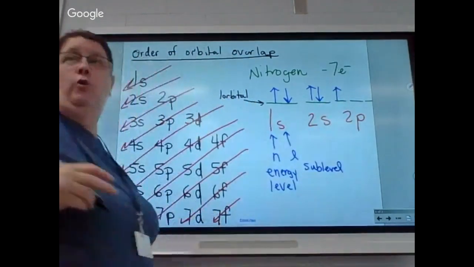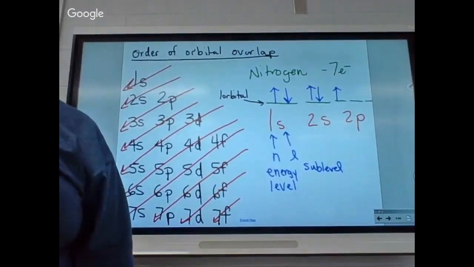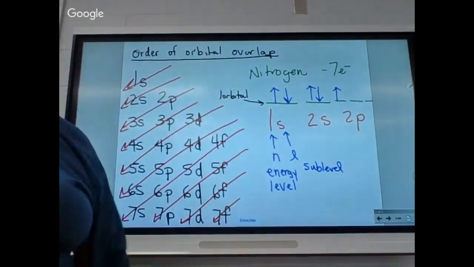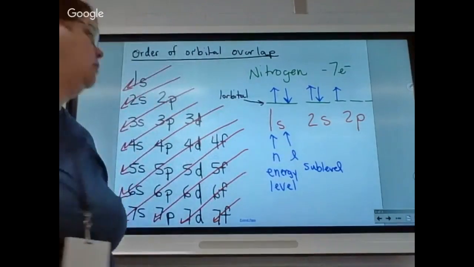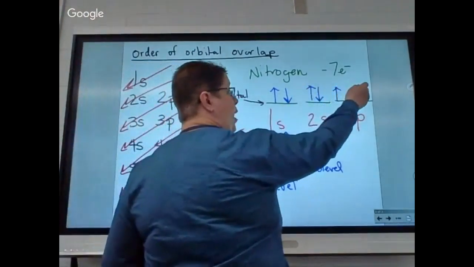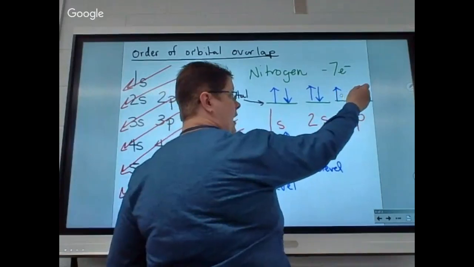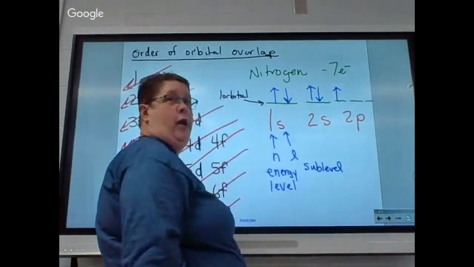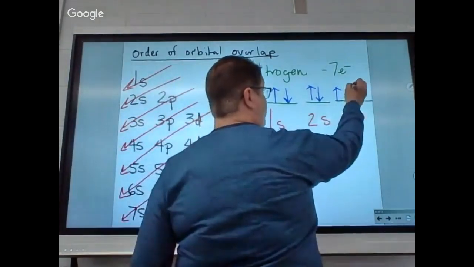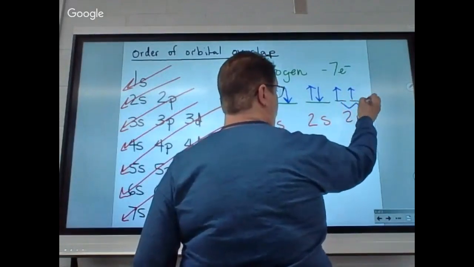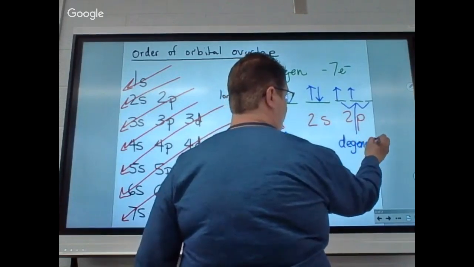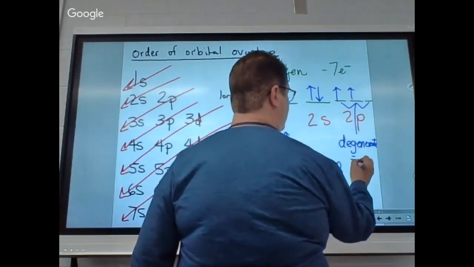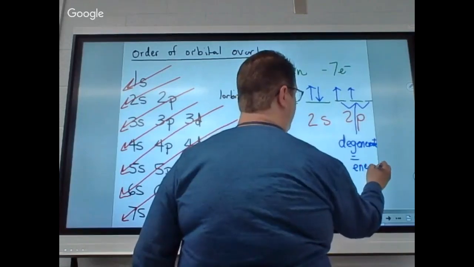Now, this is Hund's rule. This is a 3-bedroom house. Child number 1 got his own room. The 6th electron looks at those 3 rooms and says, share or take my own room? Which one does it want to do? It wants its own room. These are what we refer to as degenerate. That means they're equal energy.